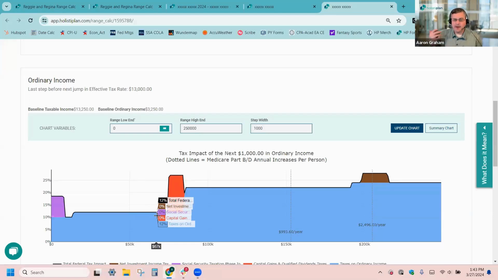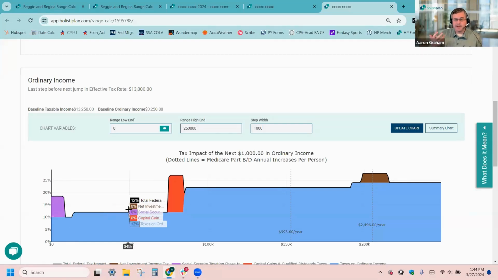While we at Holistic Plan can't recommend a certain amount of conversion or a certain planning strategy, these hills should give you some discussion points, I guess would be the best way to put it, Adam, of maybe having that conversation with your client. Hey, we can convert 13,000. It's going to make your benefits 85% taxable. We think it's worth it because you're still in that 10% marginal bracket.